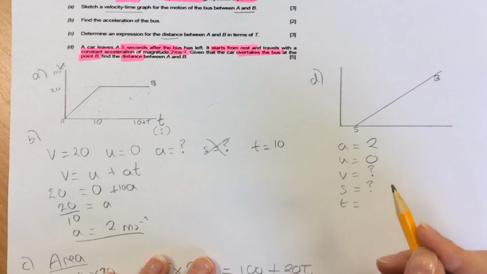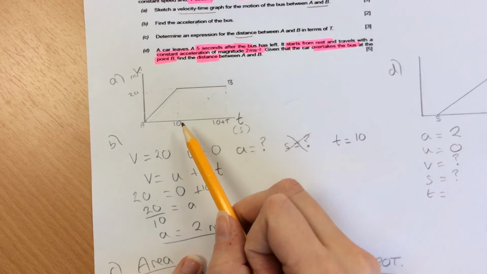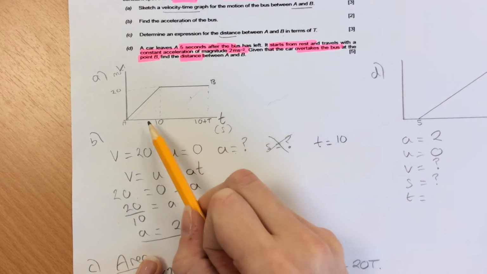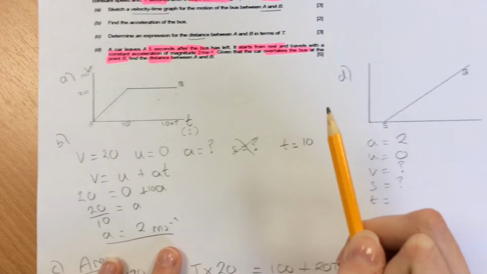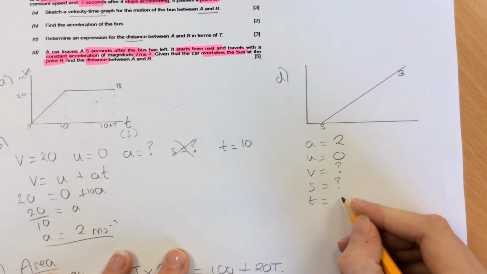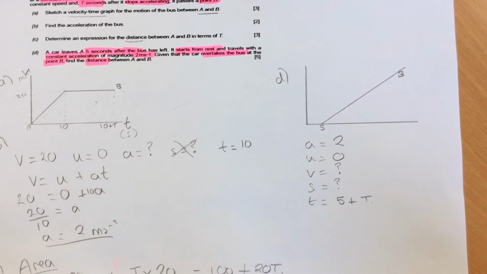Now then, the time it takes for this one, instead of it being t plus 10 to B, our graph is 5 seconds less. It takes the car 5 seconds less. So the time is going to be not 10 plus t, but 5 plus t.